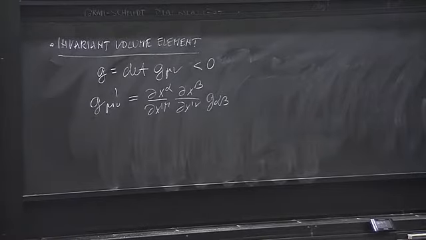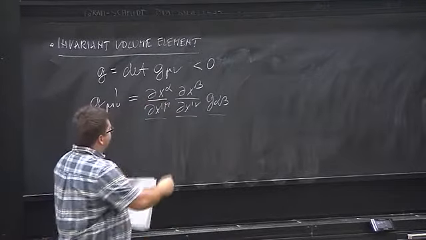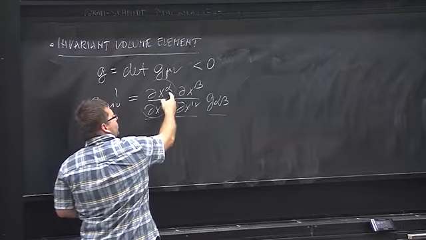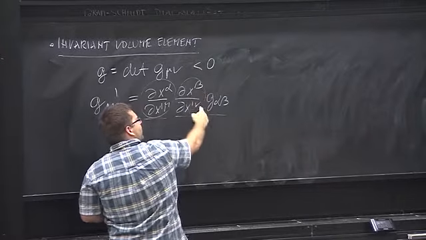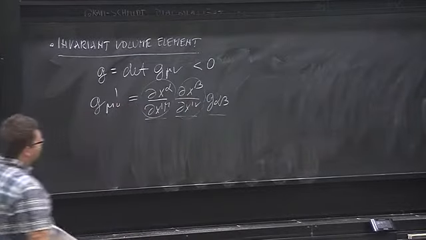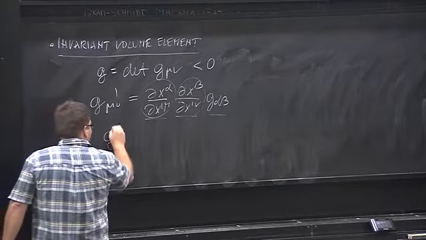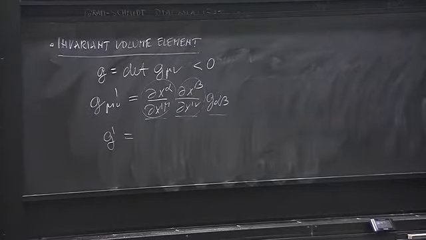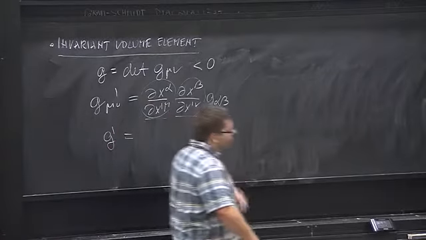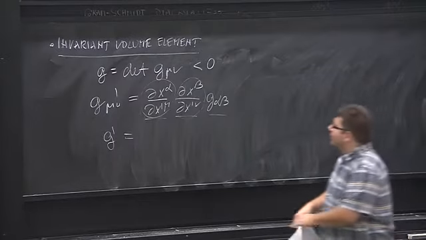So now I look at this thing here, and you may think about this thing as a matrix with indices alpha and mu, this thing as a matrix with beta and nu, and this thing as a matrix with alpha and beta. If you want to take the determinant of these things, here I'll have G prime. But if I have a product of three matrices, then the determinant is simply a product of determinants.